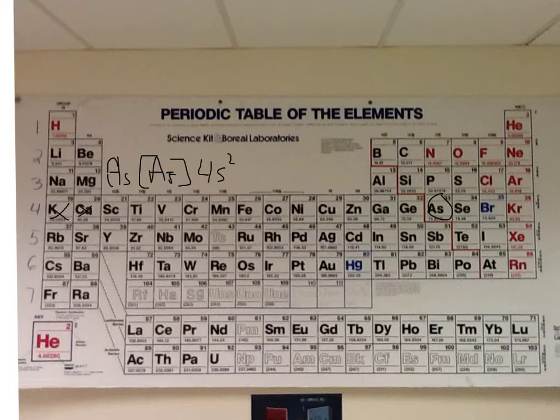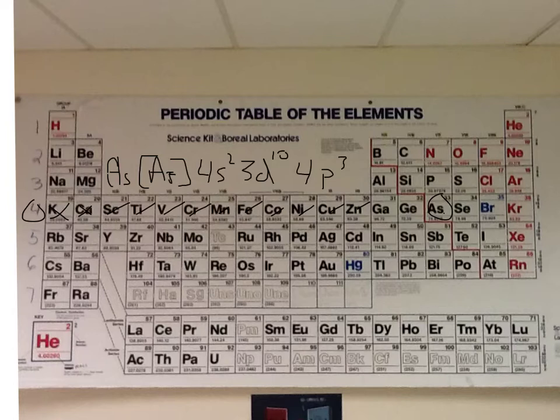Then, of course, it's going to start filling the d orbitals, but of the energy level before. So it's d1, d2, d3, d4, d5, d6, d7, d8, d9, d10, right? 10 columns. And now it's filling the p orbitals because it's in the p block. And because it's in the 4th period, that means it's filling the 4th energy level, p block, 1, 2, 3. So arsenic should be argon 4s2, 3d10, 4p3.